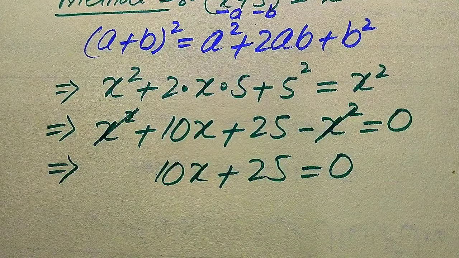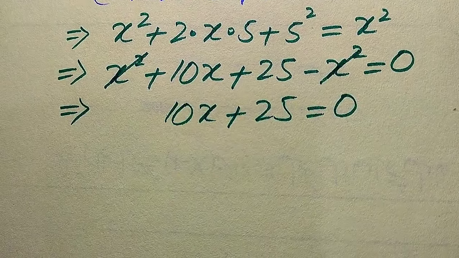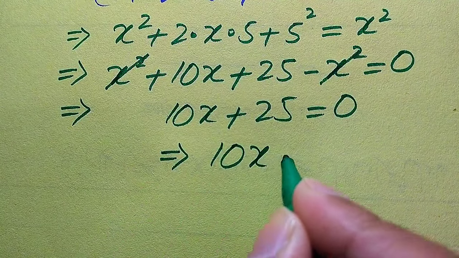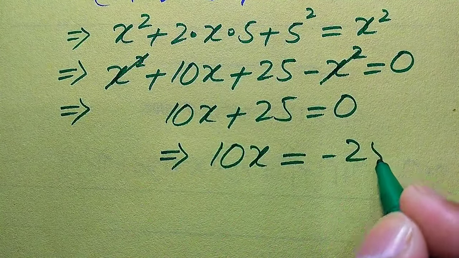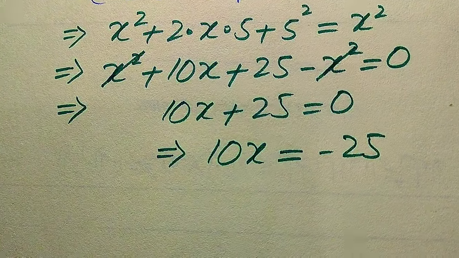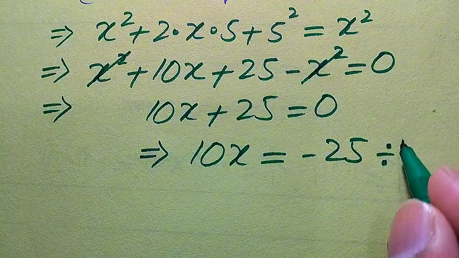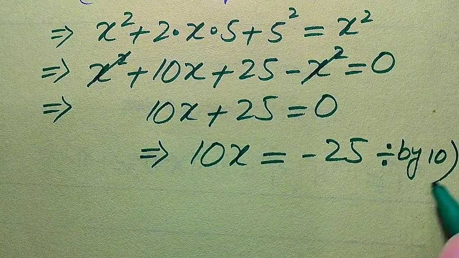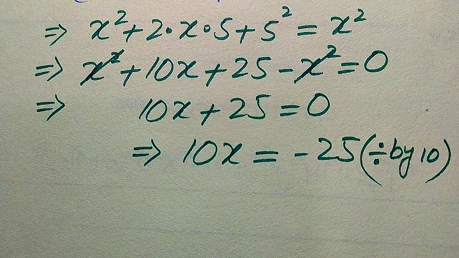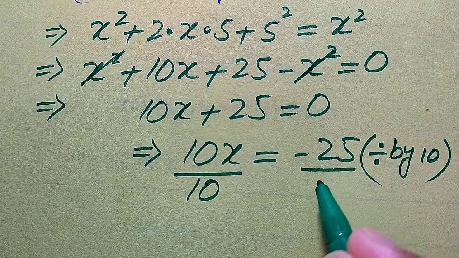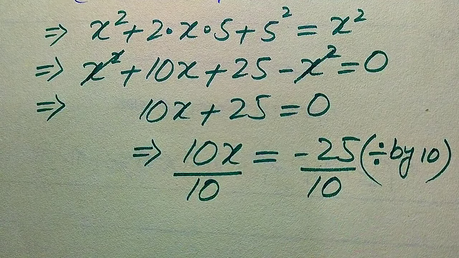And here our target is to find the values of x. So for this we move 25 to the right hand side, and it becomes 10x is equals to minus 25. And for the value of x, we need to remove 10 from the left hand side, and for this we divide both of the sides by 10. And when we divide by 10, it will be written as 10x divided by 10, and minus 25 divided by 10.